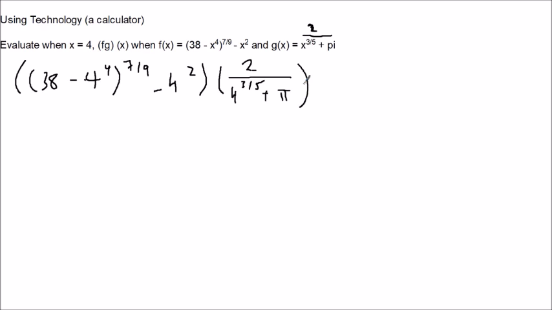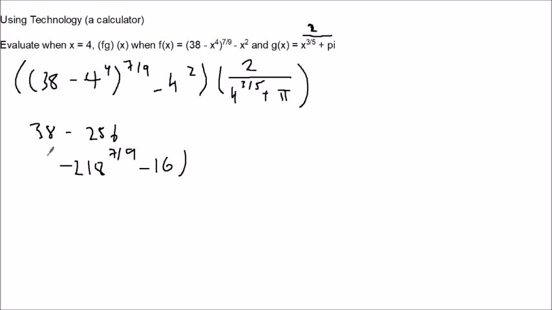Okay, so the first thing that I can do is I can simplify some of these. So 4 squared is 16, right? And then 4 to the 4th power is 256. Now, granted, if you don't know that, it'll obviously be harder for you, but I know that. So, okay, that's negative 218 to the 7/9 power. That is such an ugly number. I'm gonna be really honest with you.